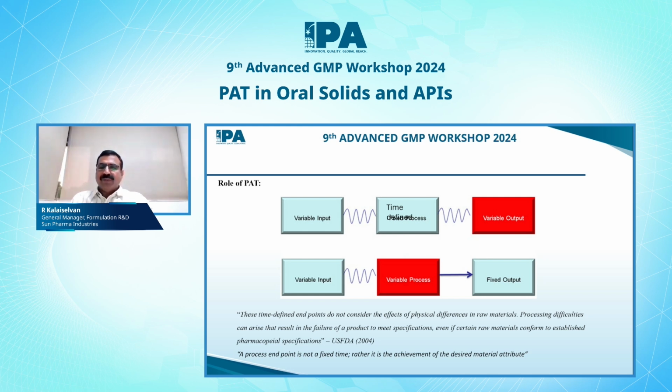With the help of PAT tool, we can go for a variable process. It is permitted by the regulatory agency also. And when we go with variable input raw materials, we can always get fixed quality output. That's why FDA has said that a time-defined or clock-based endpoint will result in failure because of the physical variation in the raw materials. Physical variation means moisture content and particle size and all. And your desired endpoint should not be clock-based, it should be product quality-based.